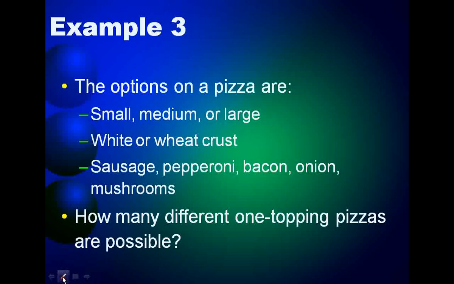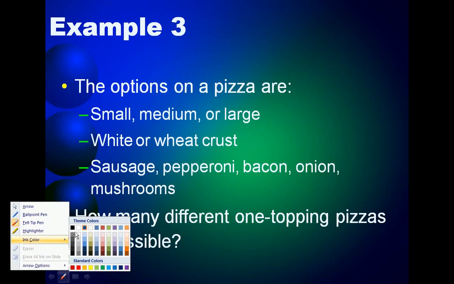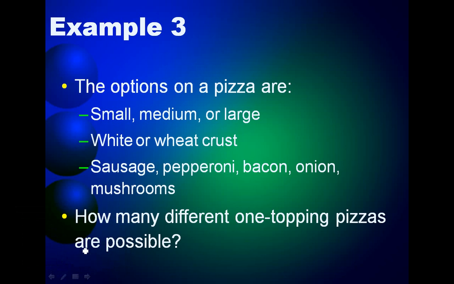So here's another example. It's a pizza example. The options are you could get a small, medium, or large, you could get white or wheat crust, and you could get sausage, pepperoni, bacon, onion, or mushroom. How many different one-topping pizzas are possible? So first you're going to choose the size. You have 3 sizes to choose from.